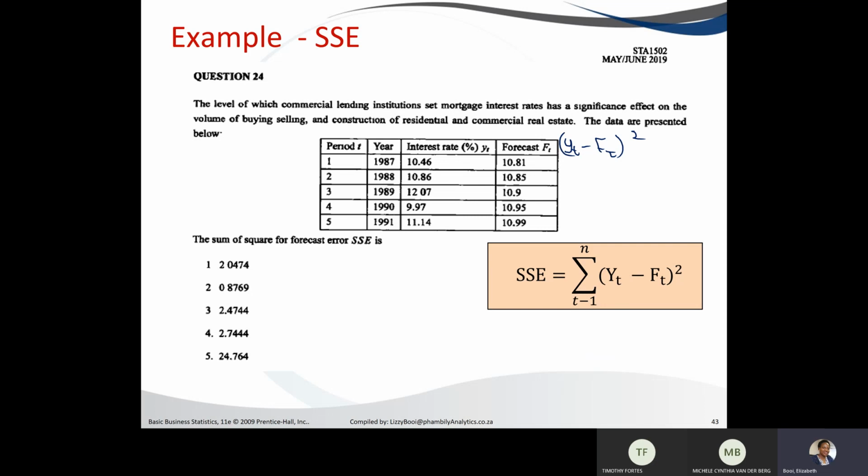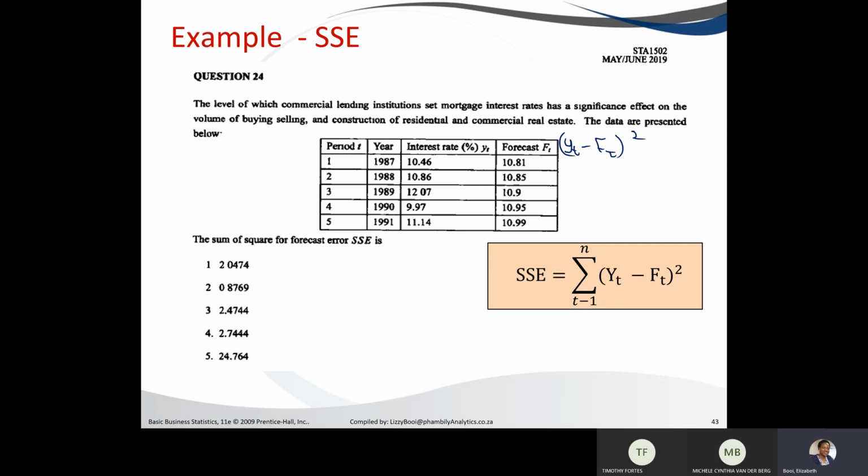You must also calculate with me, so that if there is any calculation that I do wrong, you can correct me. 10.46 minus 10.81 equals. Remember on this one it's not absolute, so we're going to square the answer.